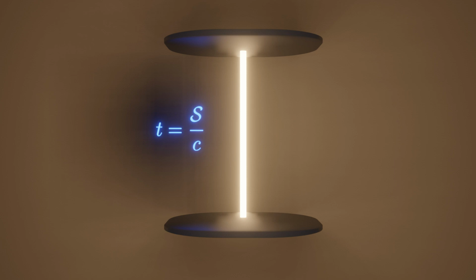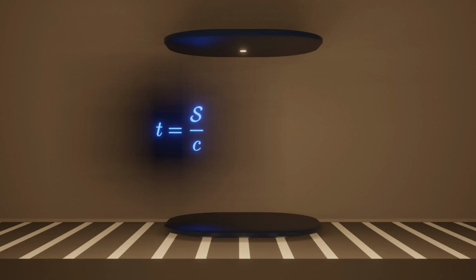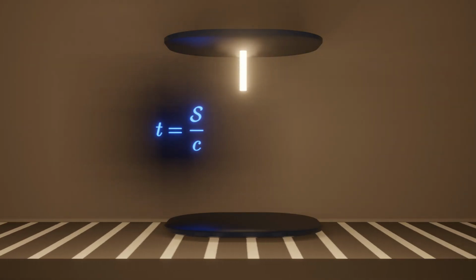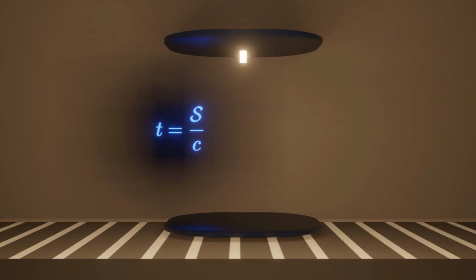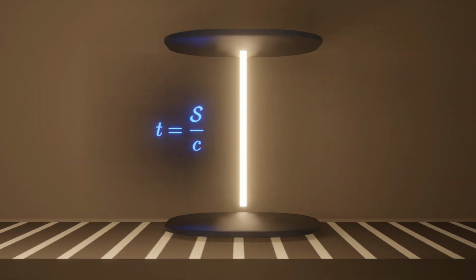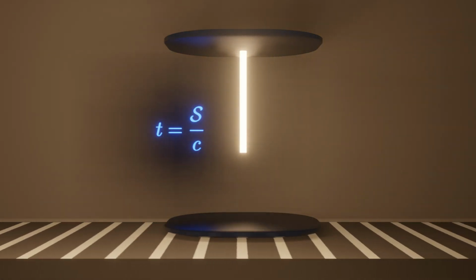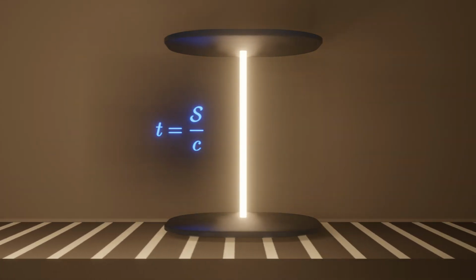Let's change things up a bit. Let this platform move at some velocity v. If we move together with this platform, then we can observe that the light again crosses path S and that the time of motion of light t is equal to S over c.